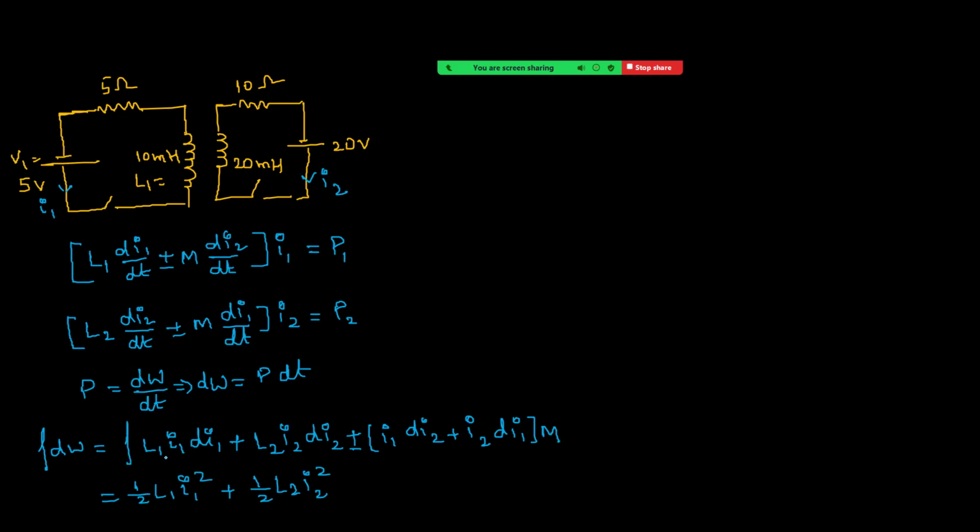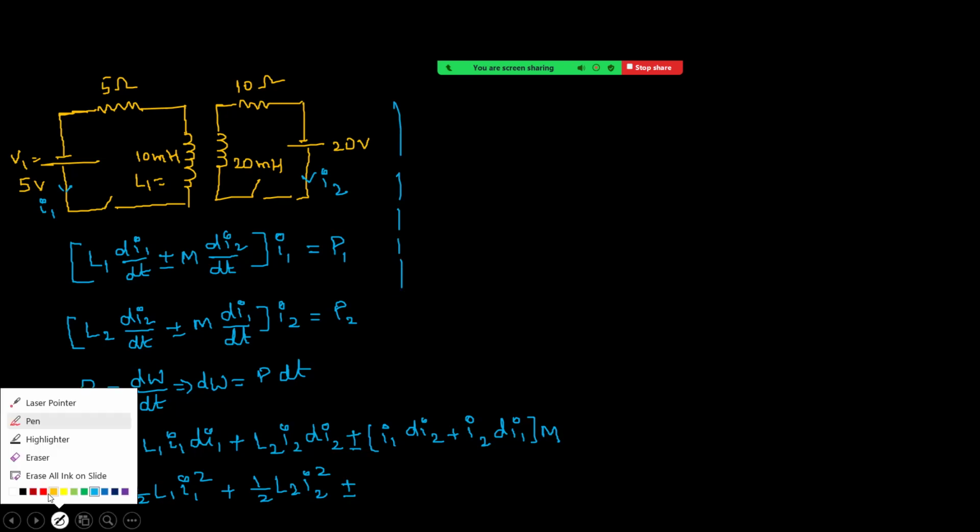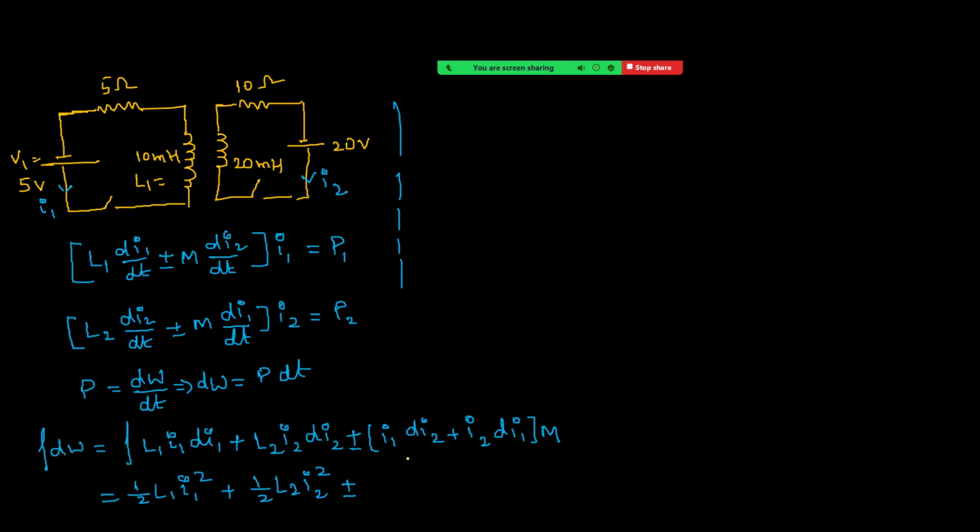I hope you are getting this point. L1 I1 di1, integration of that, is L1 I1 square by 2. Same thing, L2 I2 square by 2, right? Next, coming to here, plus or minus. Now see carefully, I am writing this part: I1 di2, I2 di1. See how I am writing that?